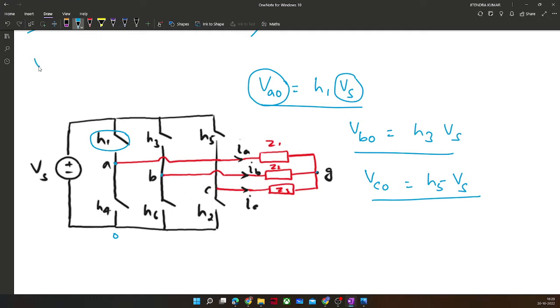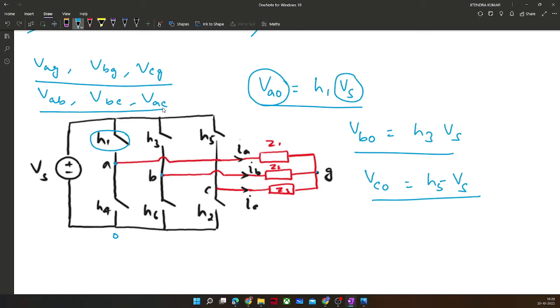We will be asked either VAG, VBG, VCG, or VAB, VBC, VAC. Our aim is to calculate these values. But this step will help us to land there, right? Now I am extending this concept further. If any doubt till now, you can ask me.